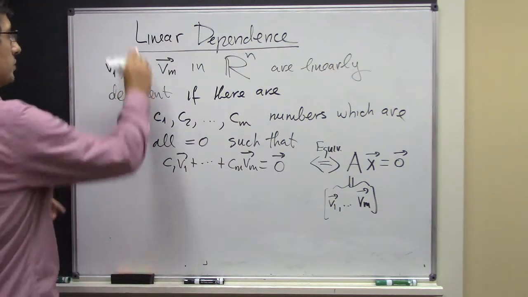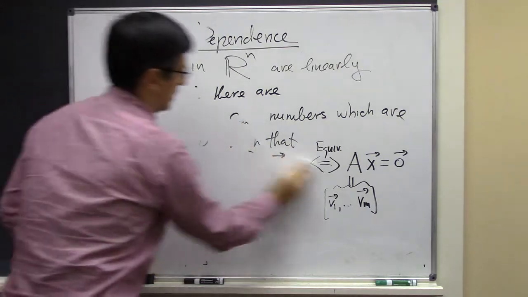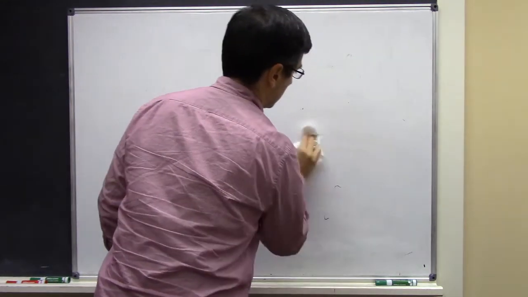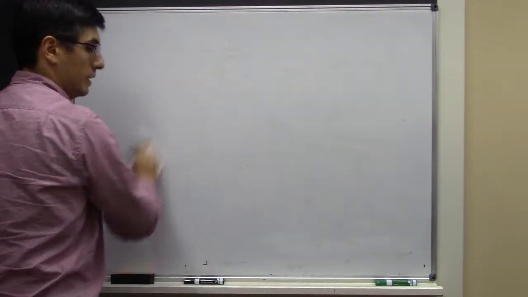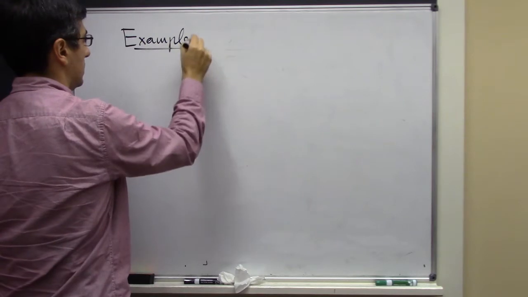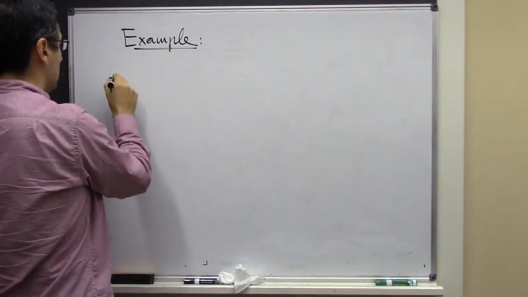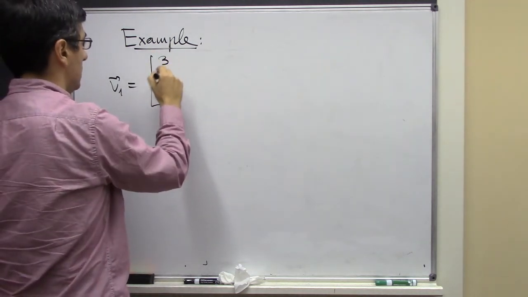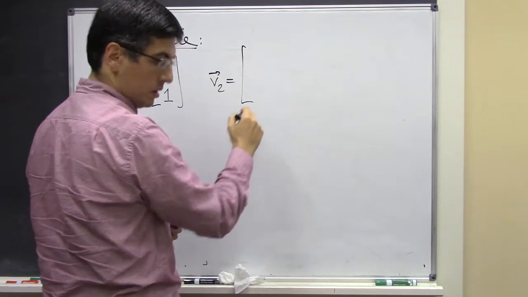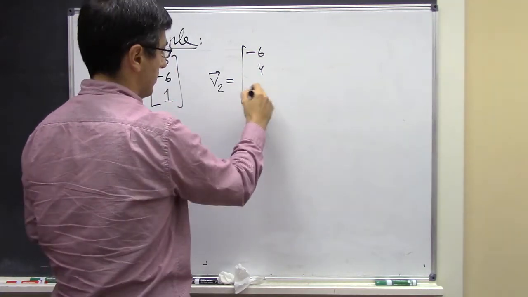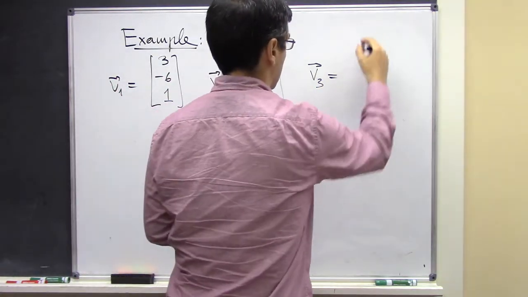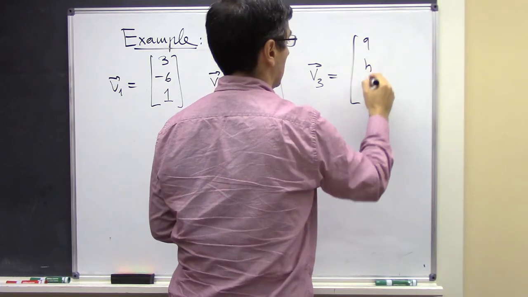Now, coming to the promised example. We take V1 to be (3, -6, 1), V2 to be (-6, 4, -3), and V3 we will take to be (9, h, 3).